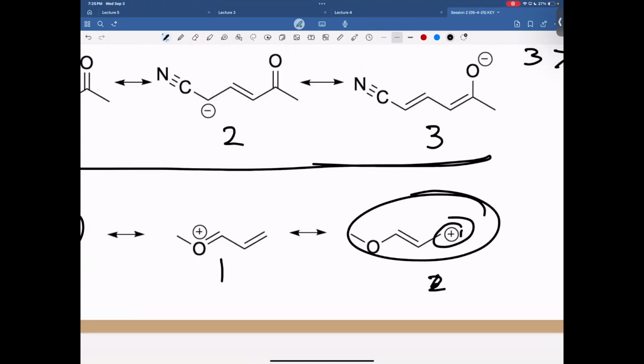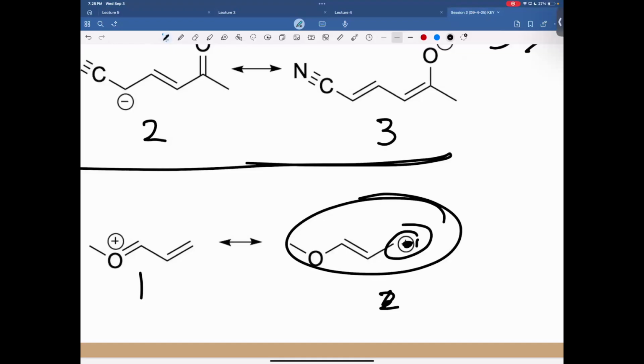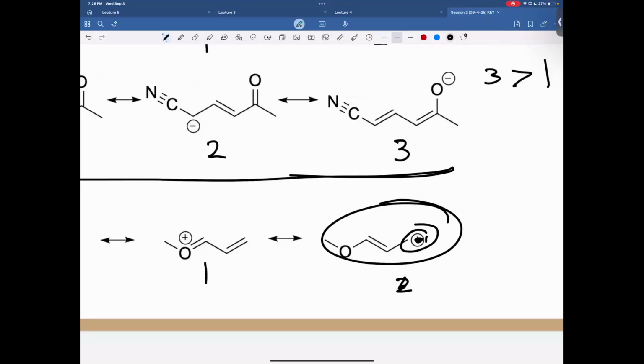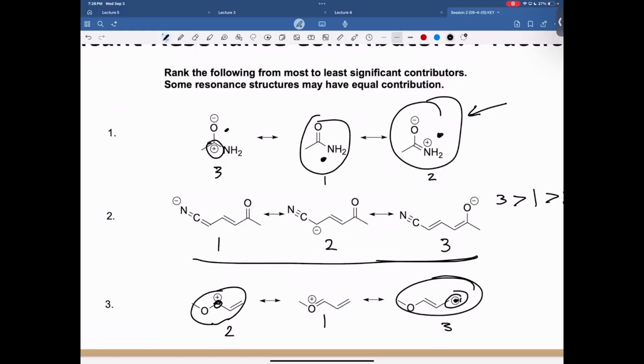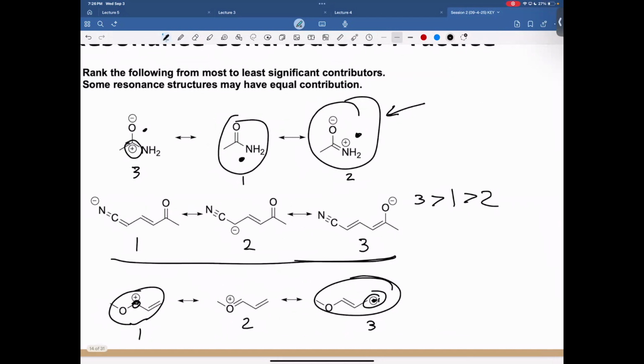This one is quite far away, so it has less of that effect. So this would be less stable. So if we had to rank them, 2 would be the greatest, and then 1, and then 3. Does that make sense?